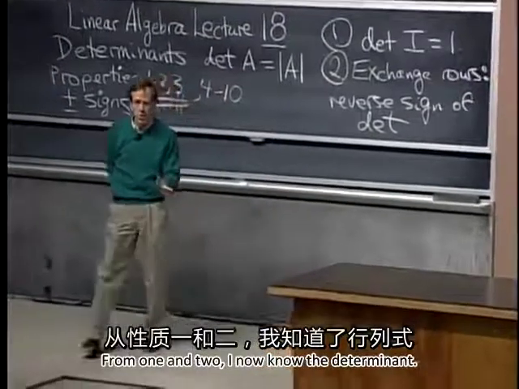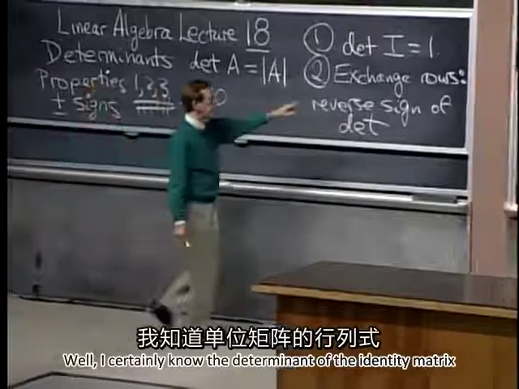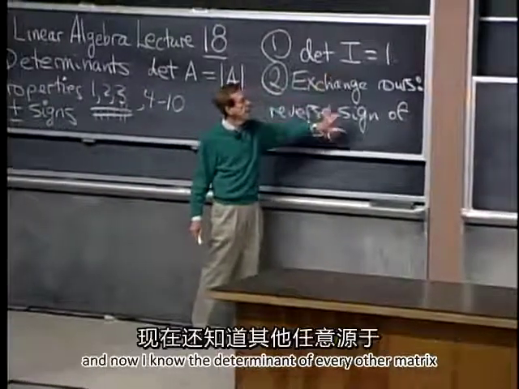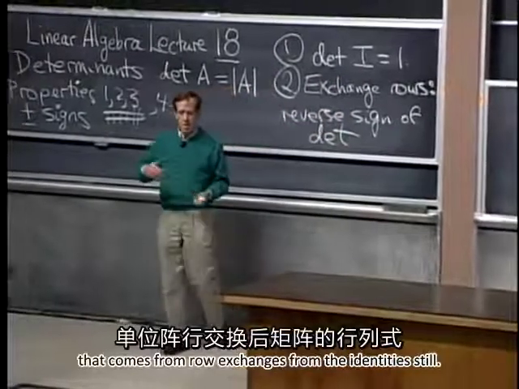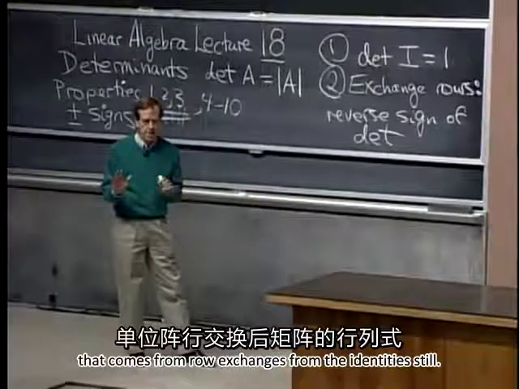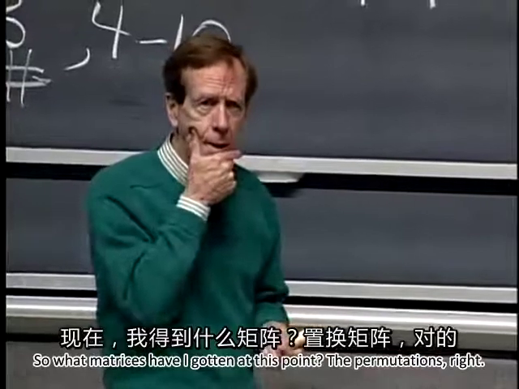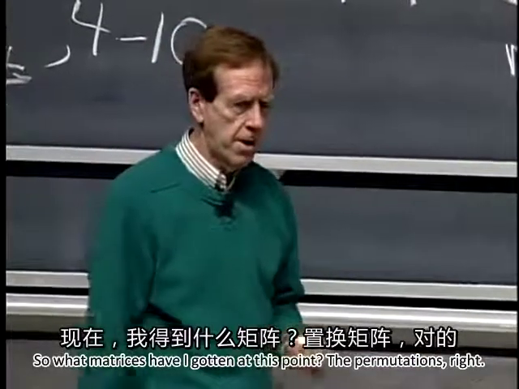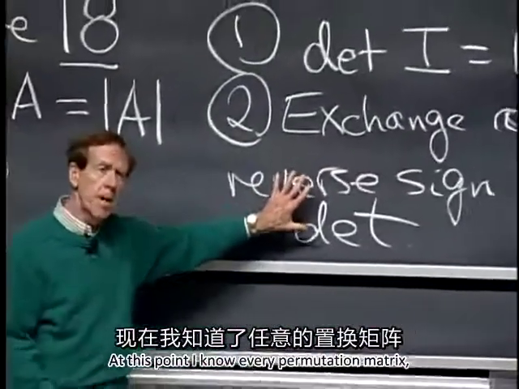From 1 and 2, I certainly know the determinant of the identity matrix. And now I know the determinant of every other matrix that comes from row exchanges of the identity. So what matrices have I got at this point? The permutations, right. At this point, I know every permutation matrix.